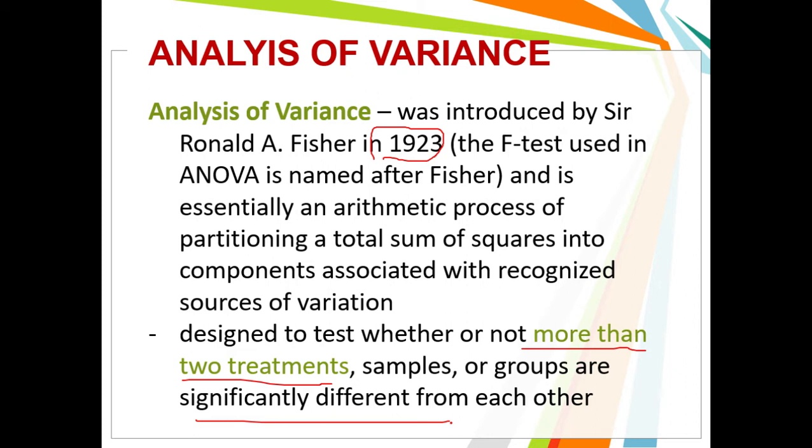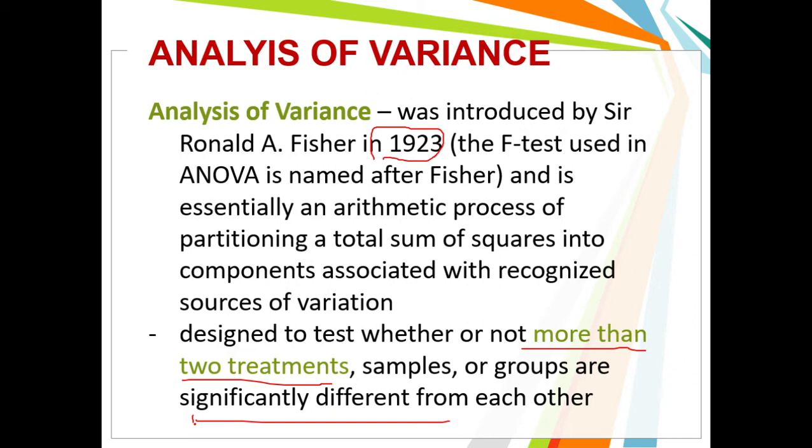Ang limitation ng ANOVA, ang magiging result natin is we only determine kung significantly different or hindi yung ating mga treatments. So, kumbaga, different ba ang result ng T1 sa T2, and then significantly different ba ang T2 sa T3, and T1 to T3. Okay? So, we only compare kung significant or hindi yung differences.